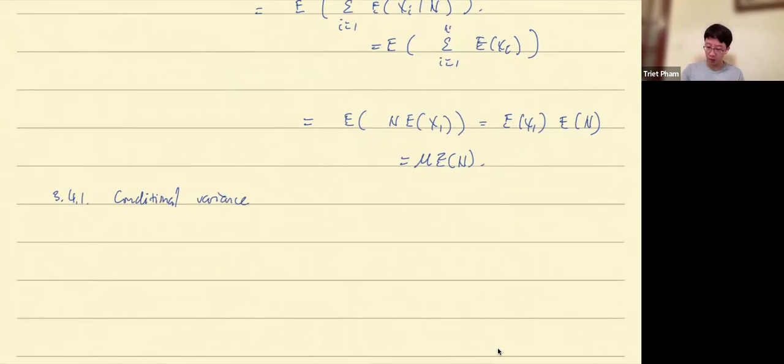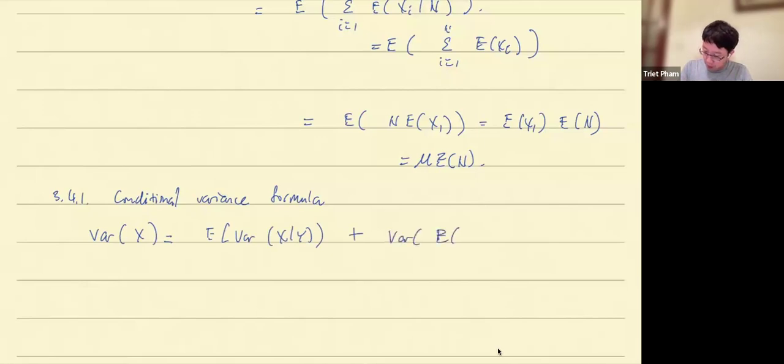It's of the same species as conditional expectation, just more complex. So what is it? The variance of a random variable is the expectation of the conditional variance plus the variance of the conditional expectation. Pay attention, it's a rather complex formula.